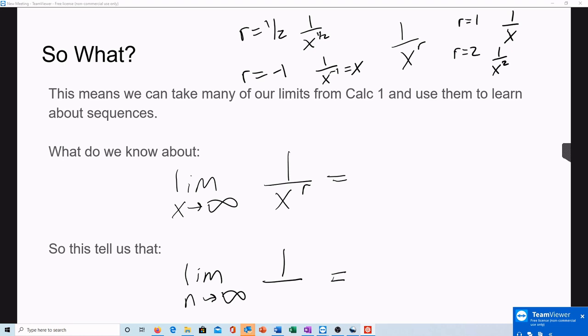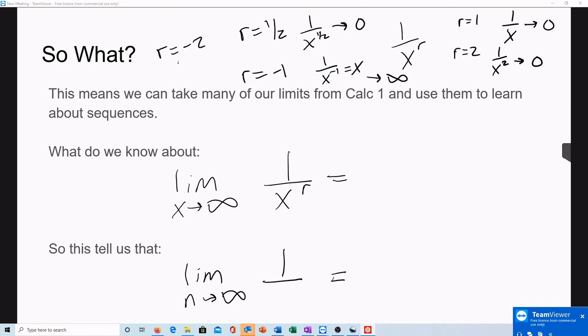So what I want to say is, well, what are the limits of these things? Let's just go through the list. The limit of 1 over x as x goes to infinity goes to 0. This one goes to 0. This one still goes to 0. What's this one do? This one goes to infinity. What about r equals -2?